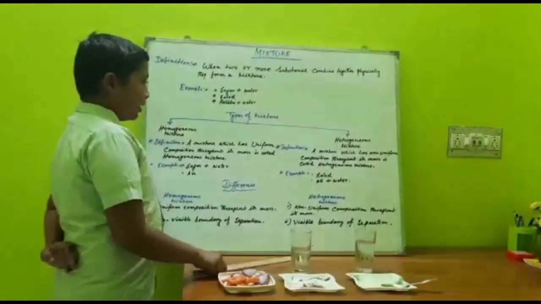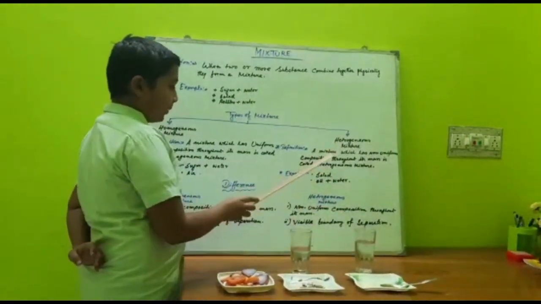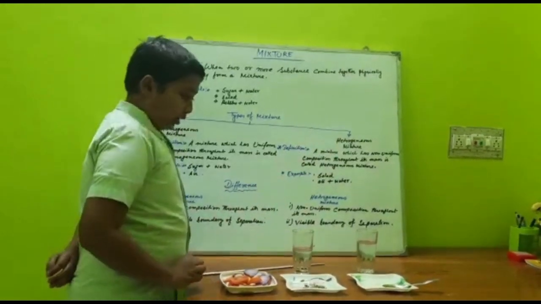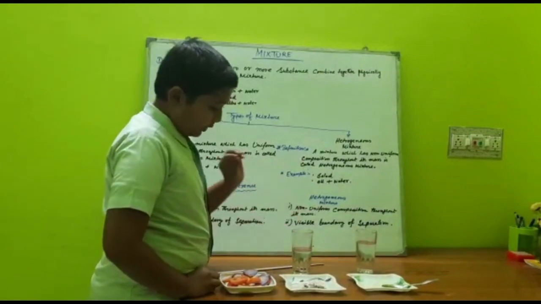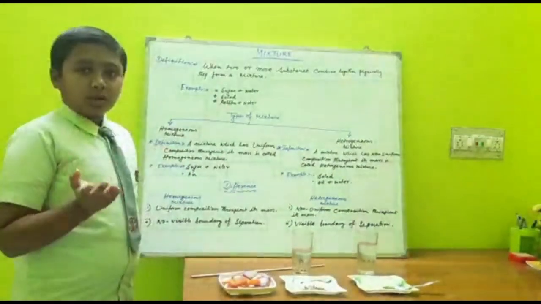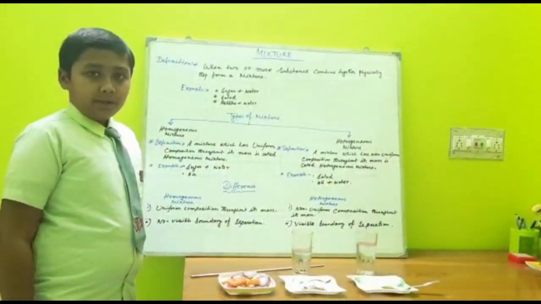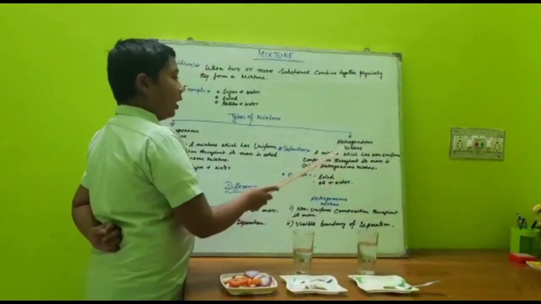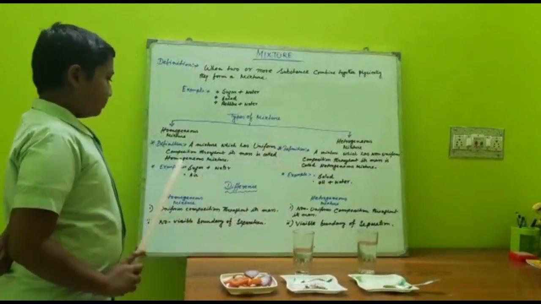So, salad is a type of heterogeneous mixture, and oil plus water. Then if we drop some oil in the water, the oil floats on the upper side of the water. It does not dissolve. So that's why it is also a heterogeneous mixture.